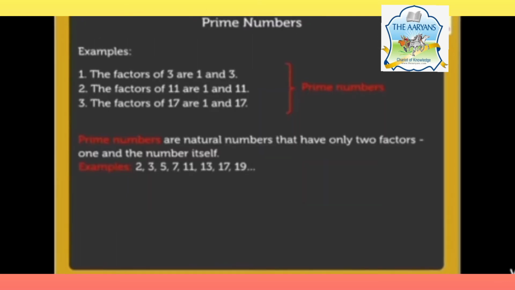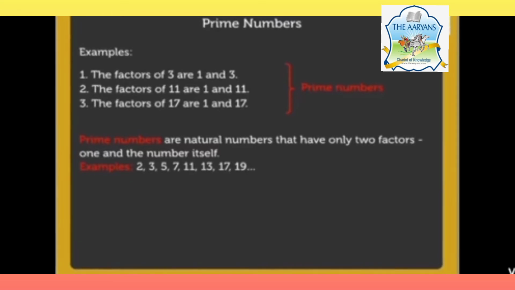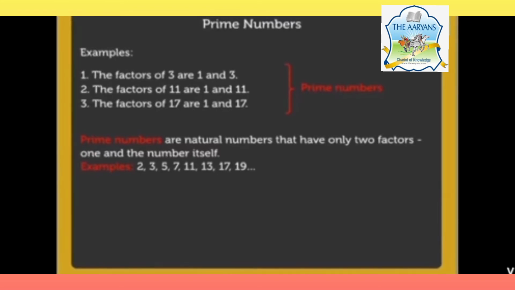Now let's talk about prime numbers. First we take some examples. The factors of 3 are 1 and 3. Right? Then when we check the factors of 11, it is also 1 and 11.